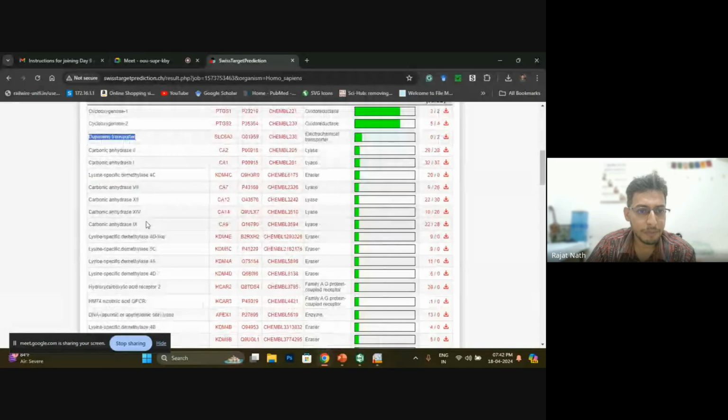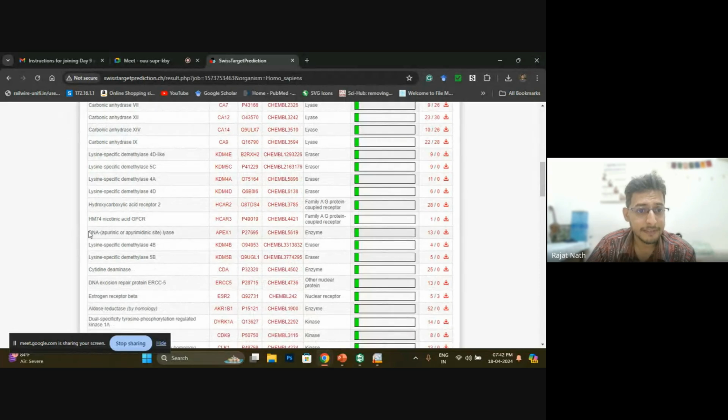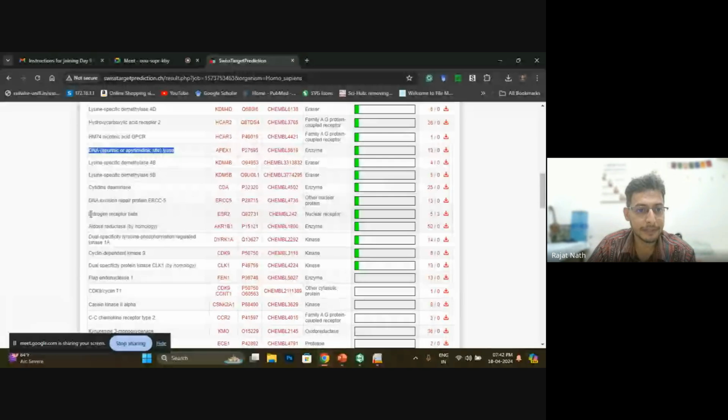Then there are so many targets. There is another target, DNA ligase. So this DNA ligase may have an effect on DNA replication or anything. So this is related to DNA replication, like cancer, etc. You may consider this one and go for further studies. Estrogen receptor beta is associated with some diseases, you can go for this type of disease.